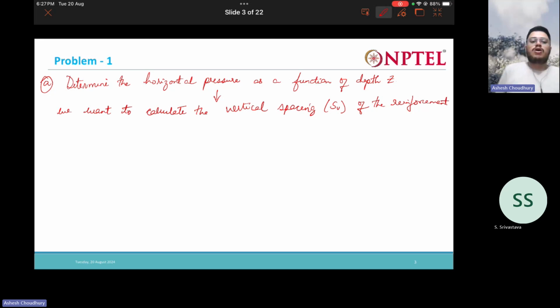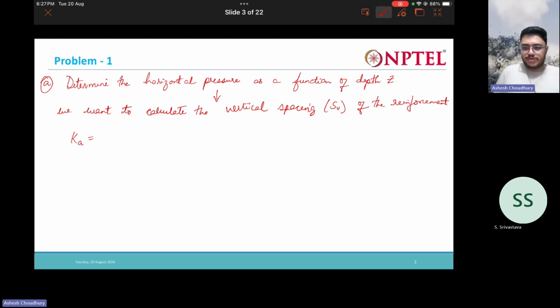Right? So what I said, first we are going to satisfy the internal stability criteria. The first internal stability criteria is rupture. To satisfy the rupture, it will be satisfied by the vertical spacing. And for that you need the horizontal pressure, right? So first we are going to determine Ka. What is Ka?